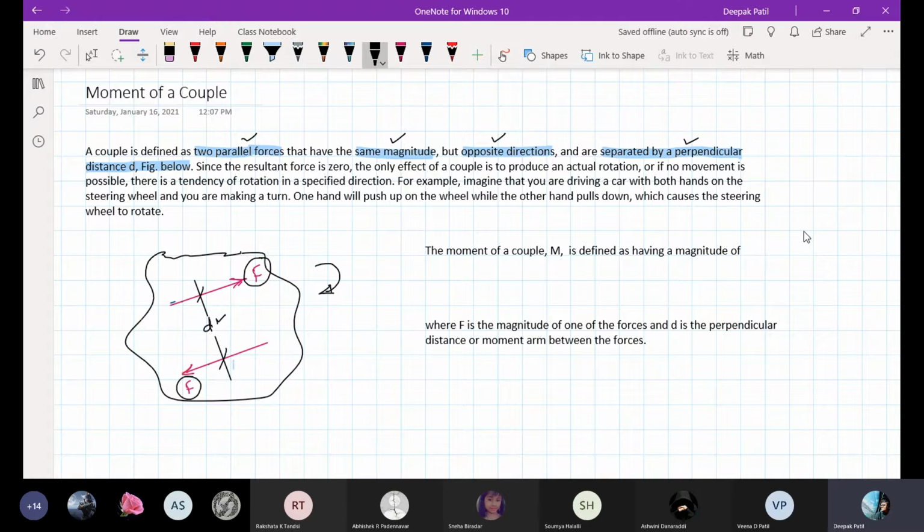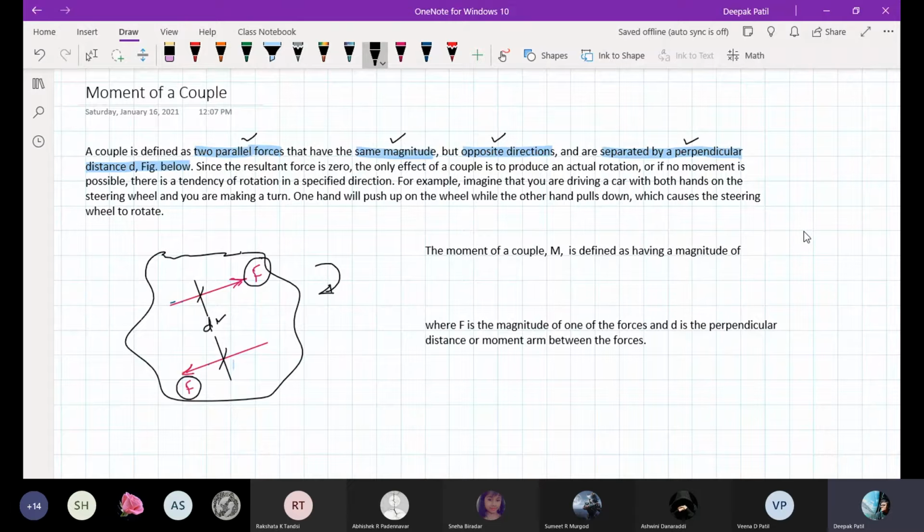So it is as if you are putting two forces on the water bottle cap, separated by a definite distance and equal in magnitude but opposite in direction. That is one more example for a moment of a couple. Do you agree? Yes. So likewise, you can have many more examples for a moment of a couple.